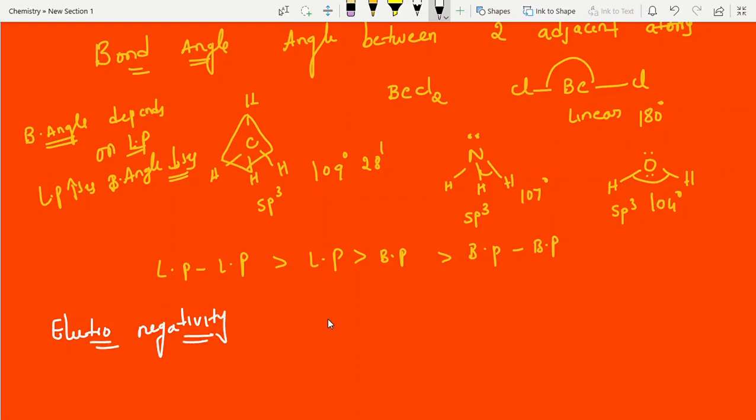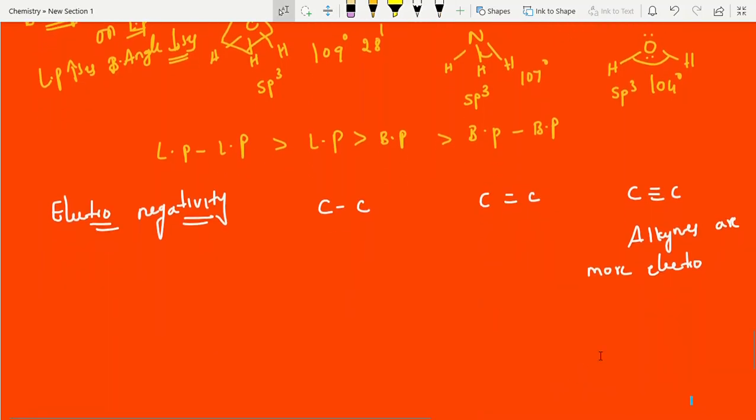Alkanes, alkenes, alkynes: C single bond C, C double bond C, C triple bond C. So alkyne carbon is more electronegative, due to more s character.